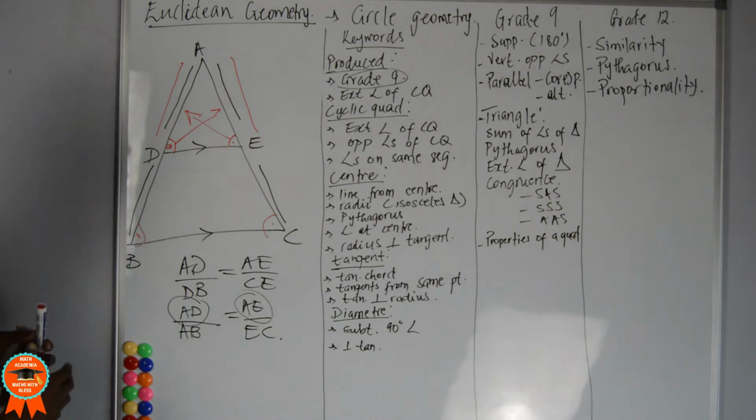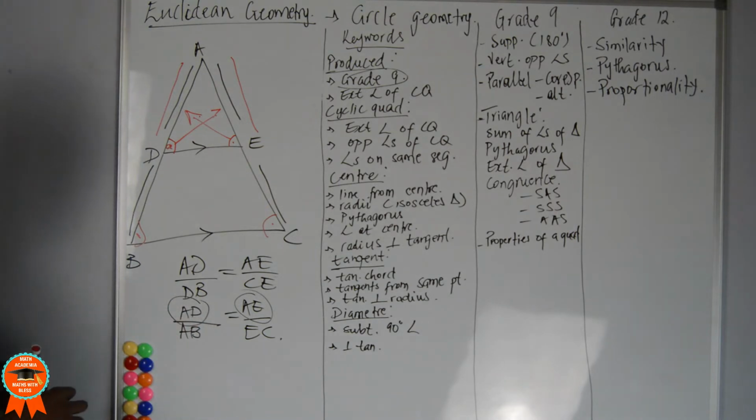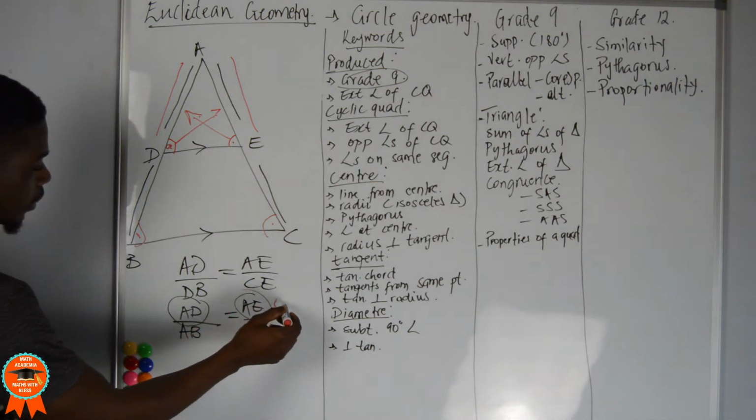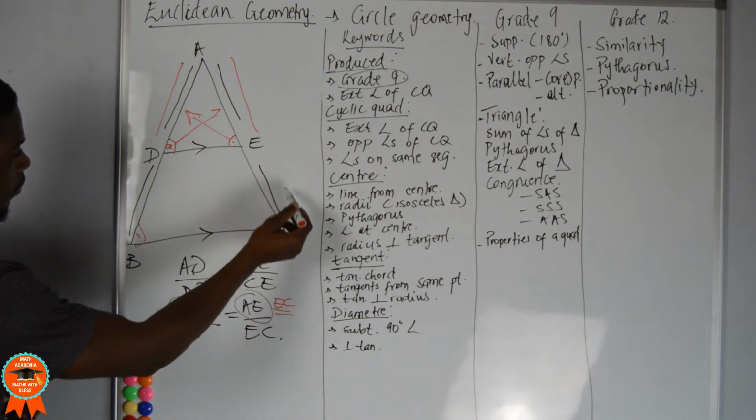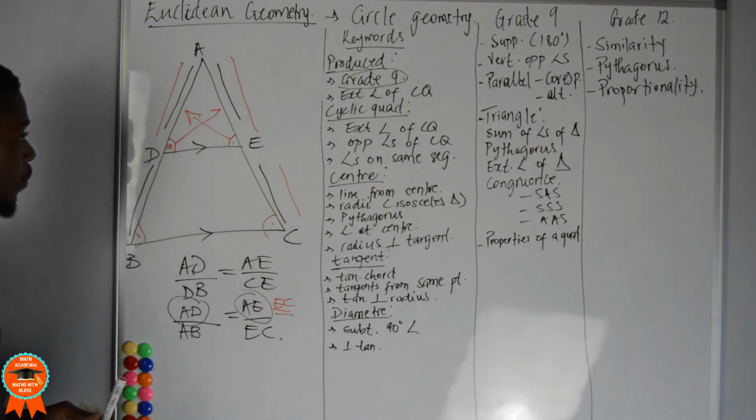You must make sure of the corresponding sides. If on the numerators you have AD, on the other end you cannot go there and put EC, for example. EC will be down here, it's not corresponding. So they must always be corresponding.